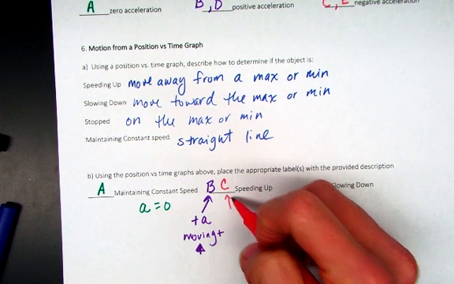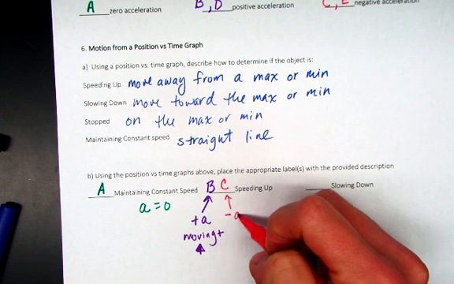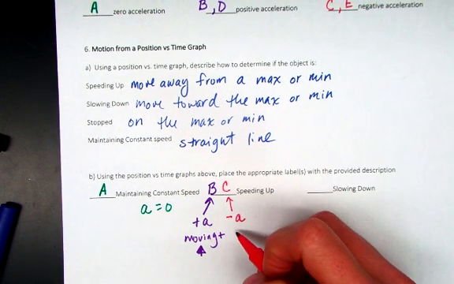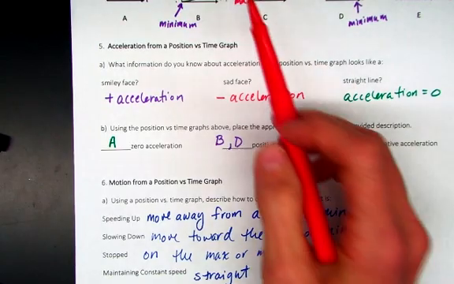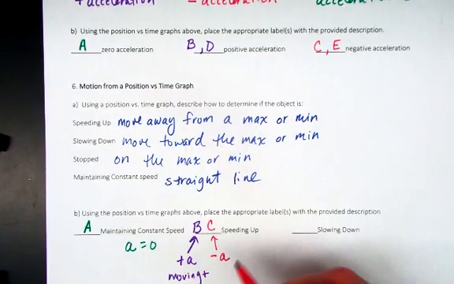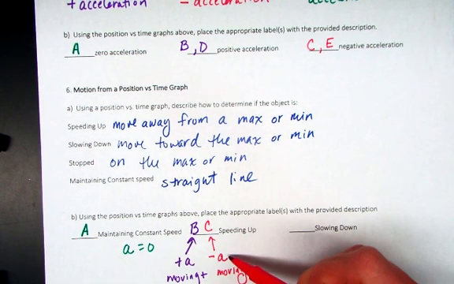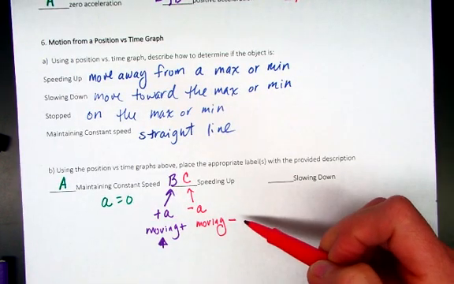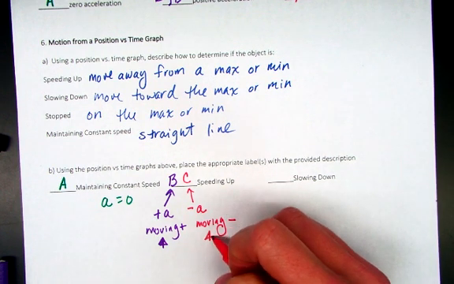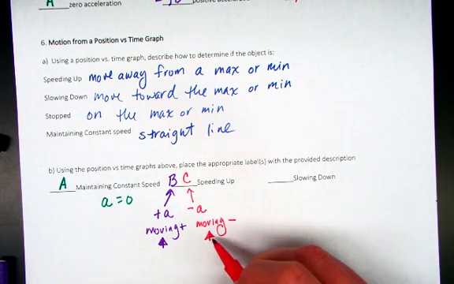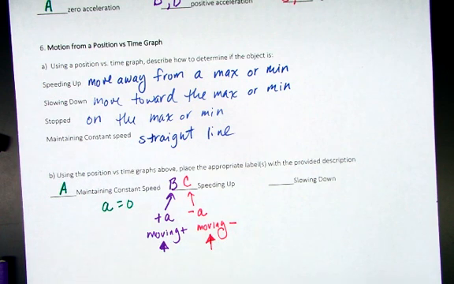For C, I have negative acceleration, and I'm moving away from this, so I'm moving in the negative direction. But remember, for negative acceleration, I need a negative with a positive, so I must be speeding up to have negative acceleration.